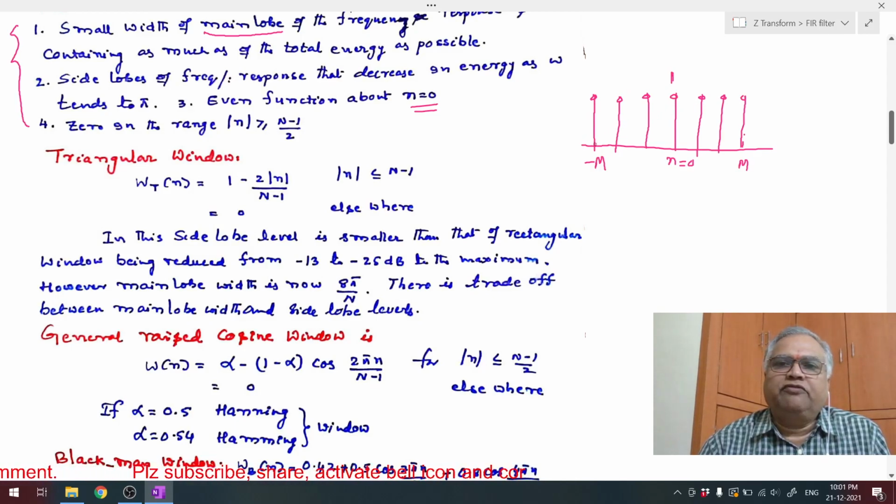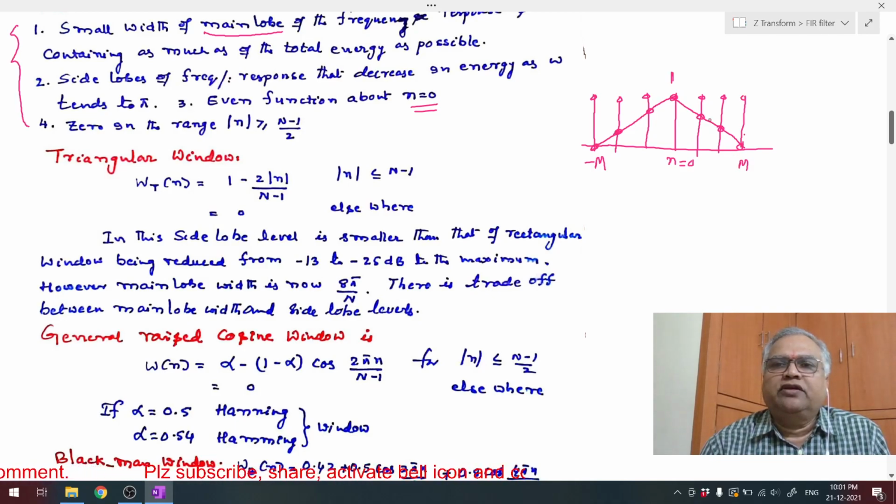If it is a triangular window, a triangle shape, it will be like this. Here the value is 0, here the value is this, here the value is this. So the way we are multiplying is changed. Previously multiplied with 1, here we are multiplying with 0 and slowly the values are increasing.